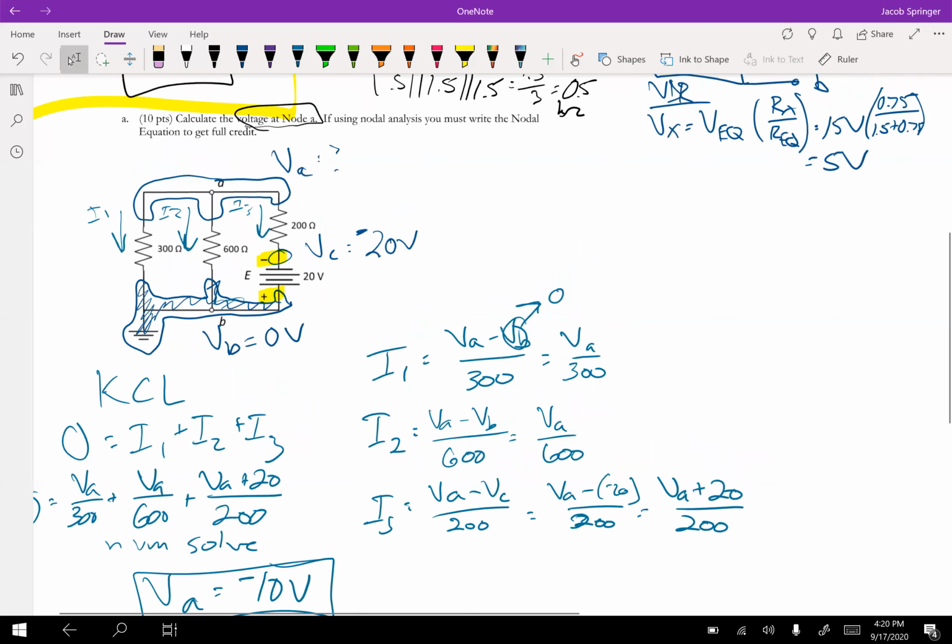Another way, and I'll write this one in orange, is if I had this circuit and I wanted to combine my 300 and 600, right? REQ. 600 is in parallel with 300, right? They each share A and B on the outside. Well, 600 and 300 together makes 200 ohms.